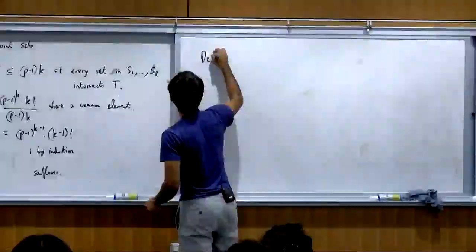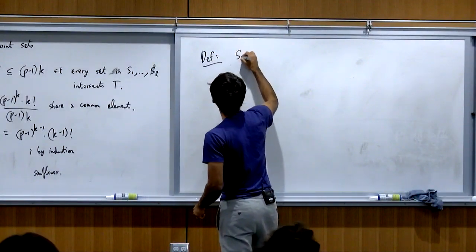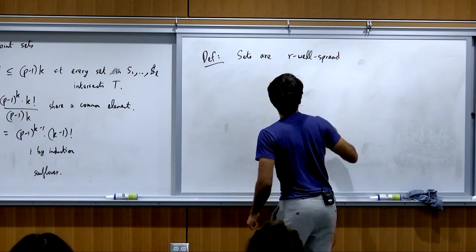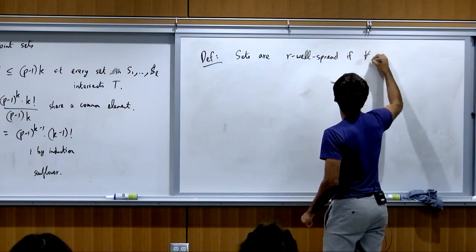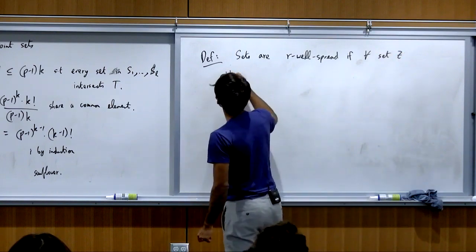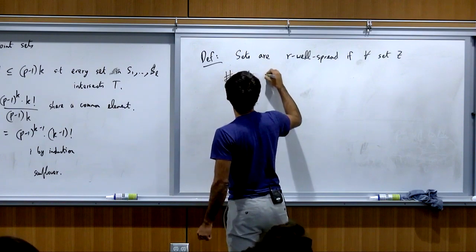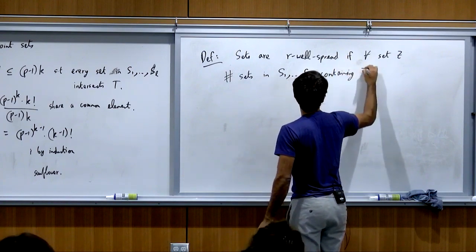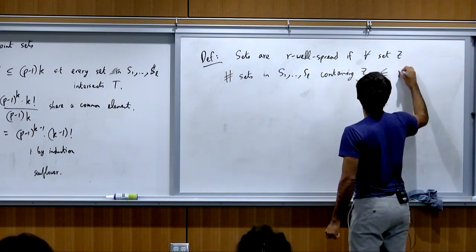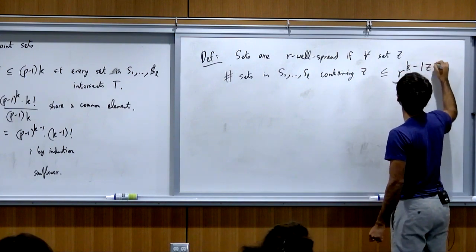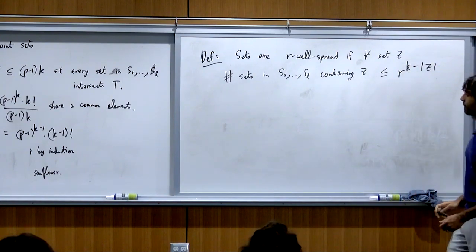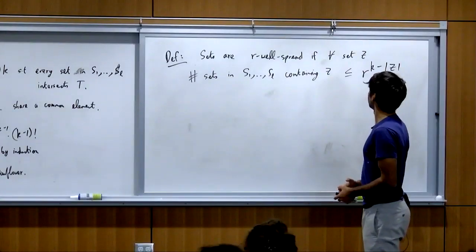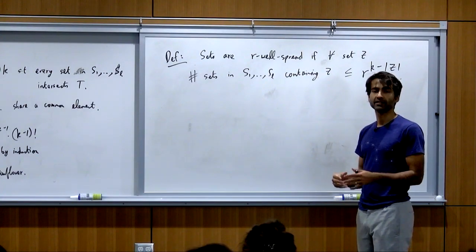Let's say that a family of sets is R-well-spread if whenever you take a set Z, the number of sets containing Z is small, at most R to the power of k minus the size of Z. So the family is well spread if there are not too many sets that all simultaneously contain Z.